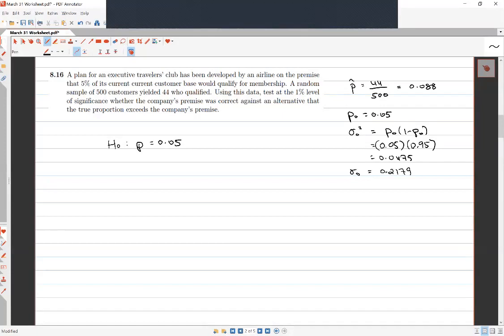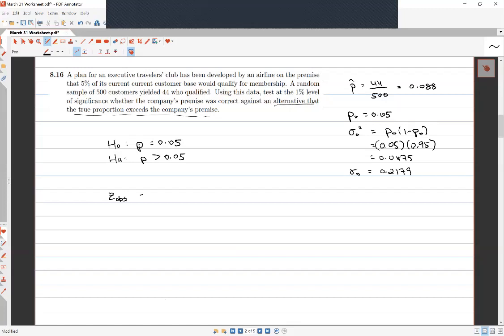This airline believes that 5% of individuals qualify. But we want to test, in this case, we get a specific directional alternative. We want to test that perhaps the true proportion exceeds the 5%. So this time, our alternative would be that P is greater than 0.05. Now, this doesn't affect how you calculate your test statistic.